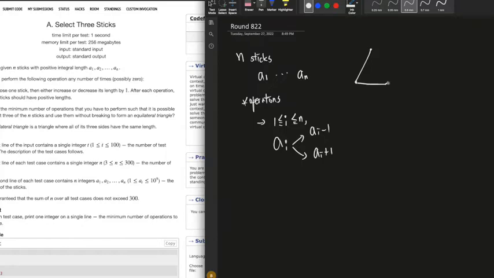Equilateral triangle means it has to have the same length for all 3 edges. And we need to find these 3 edges from array A. And also, we have to minimize the number of operations.